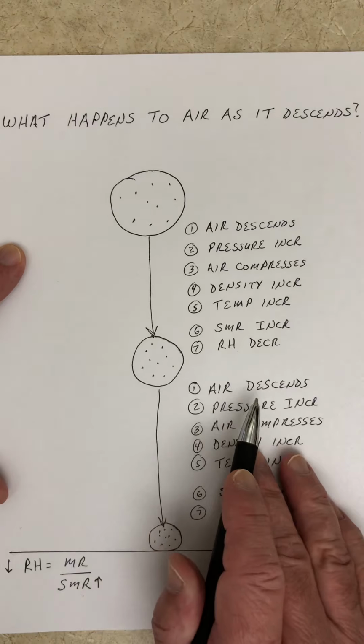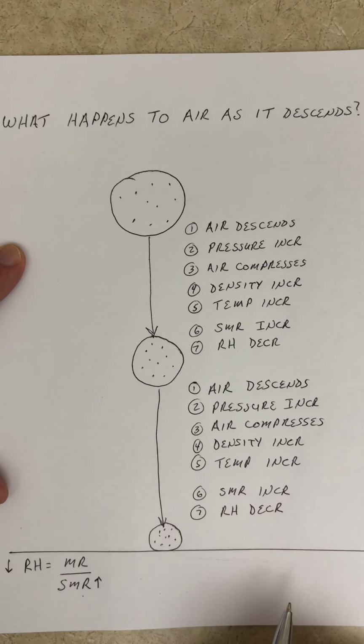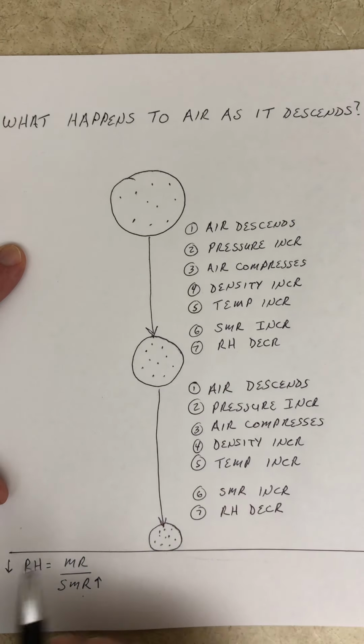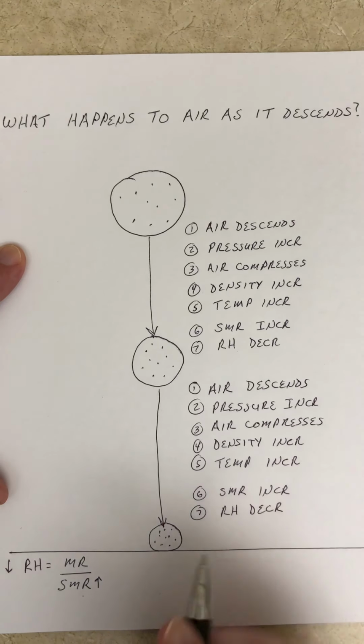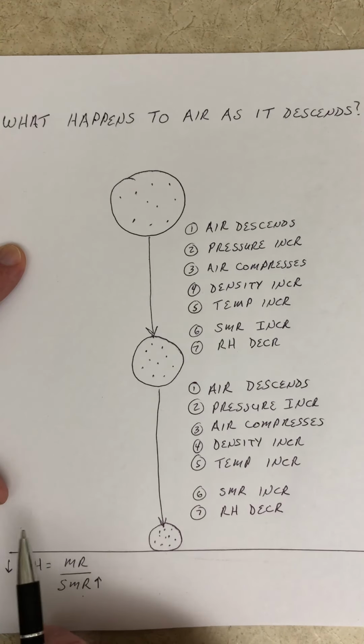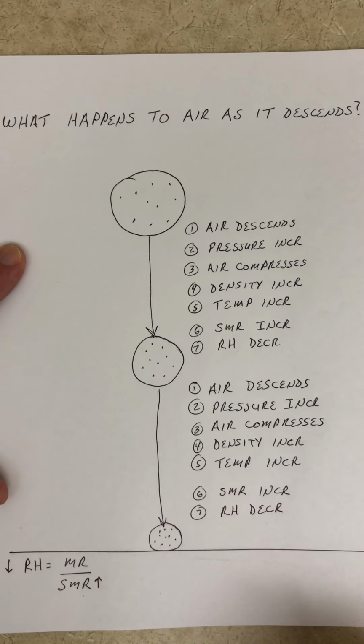All of these processes are in place. Spokane has an average annual precipitation of about 16 inches per year. So things are much drier on the leeward side of mountains and much wetter on the windward side of mountains. Hopefully that makes sense to you, and let me know if you've got any questions.